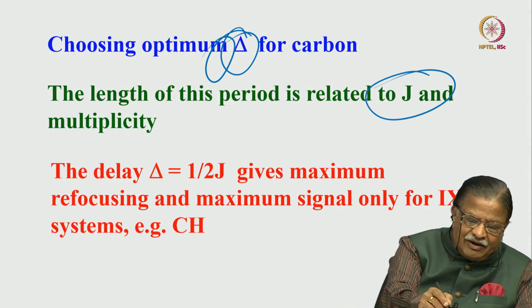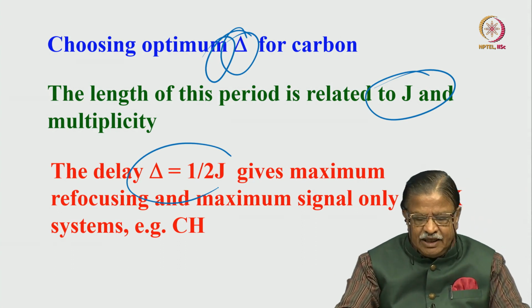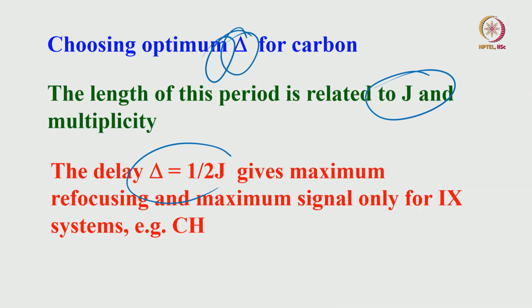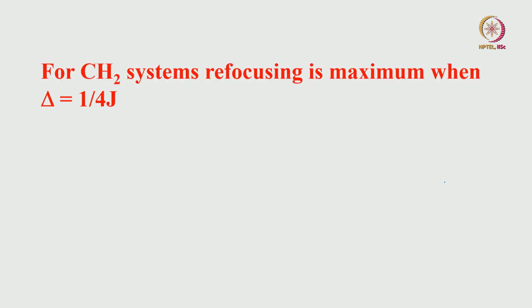And the delay of 1/2J gives the maximum refocusing, and the maximum signal, only for a system like IX, where two nuclei are coupled, two heteronuclei like carbon and proton. In such a situation, if you consider CH and put delta equal to 1/2J, you get maximum refocusing. If you put the delay equal to 1/2J, there is a refocusing for this type of system.